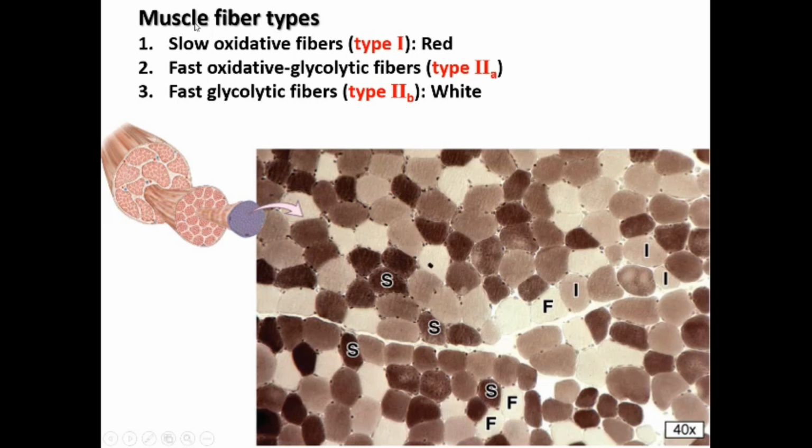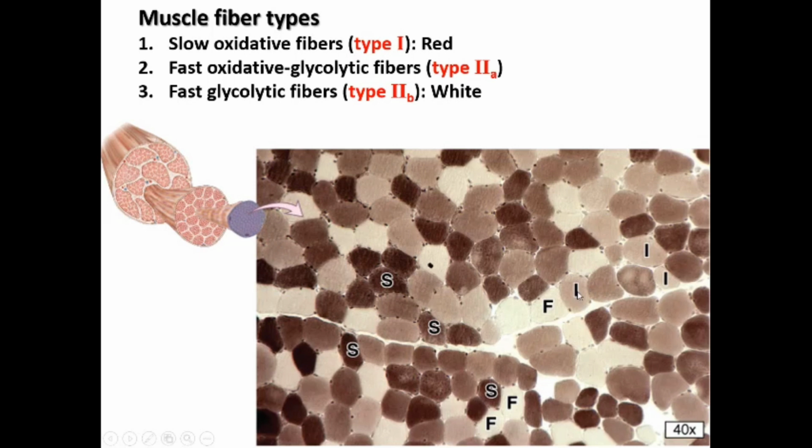We can subdivide the muscle fibers on two bases. The first one is according to the rate of contraction: we have slow and fast muscle fibers. The second one is according to the main pathway of ATP synthesis.